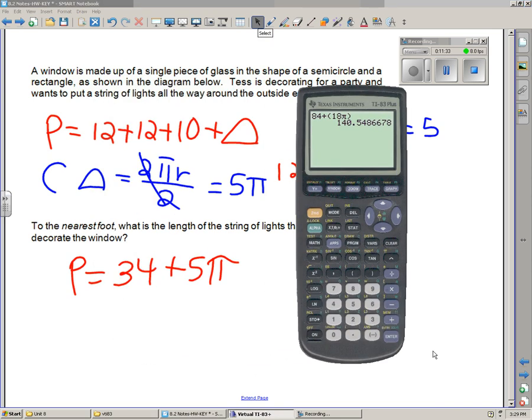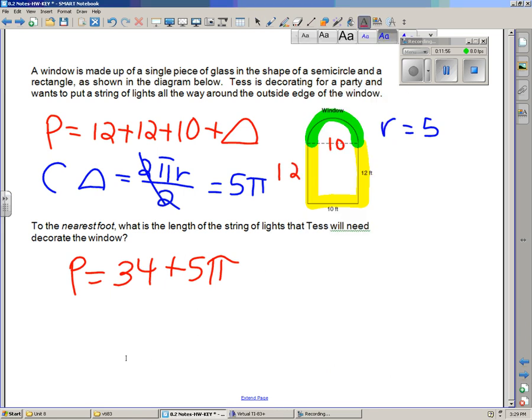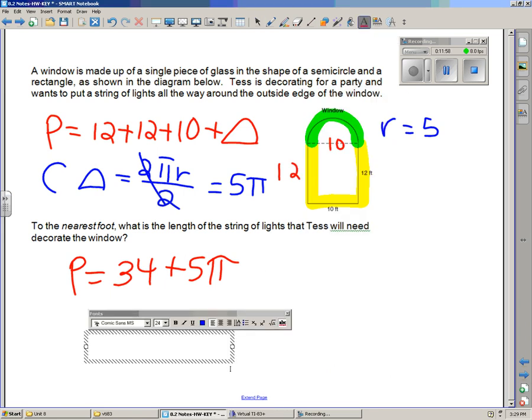Again, the straight edges all give you 34, and half of the circle gives you 5 pi. What comes out is 49.7, and they want that to the nearest foot. So the nearest foot would be 50 feet. So we're looking for the answer of P equals 50 feet.